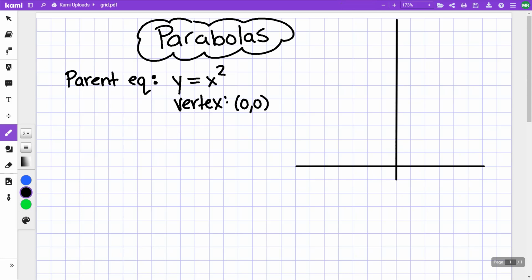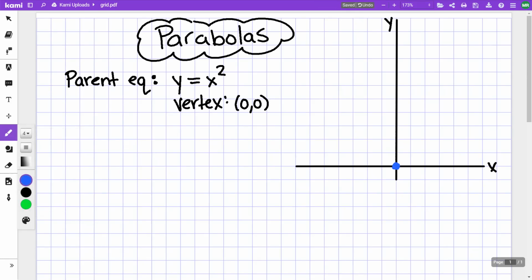Okay. And this is my x-axis. This is my y-axis. So when I'm doing this, I'm putting in a 0. And when I put in a 0, 0 squared is 0. So I have a point at 0, 0.